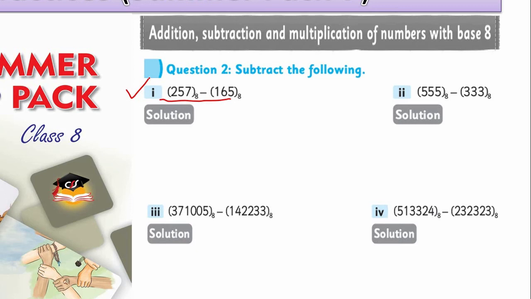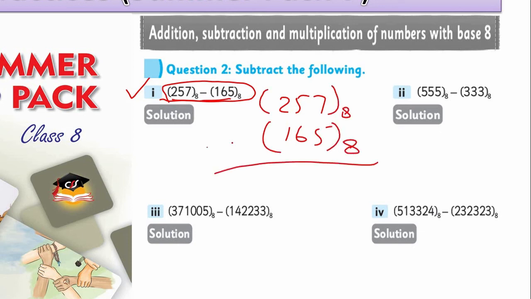So write these two numbers in vertical form, 257 and then 165. So when we perform subtraction, we have 7 minus 5, that is 2, and then 5.